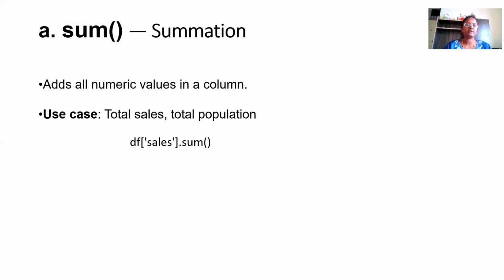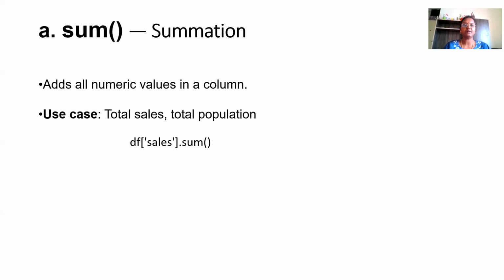The main use cases are total sales, total population. The syntax for this summation function is df of sales dot sum. It means that whatever data you have in the sales column, all the values will be added. That is called the summation aggregate function.